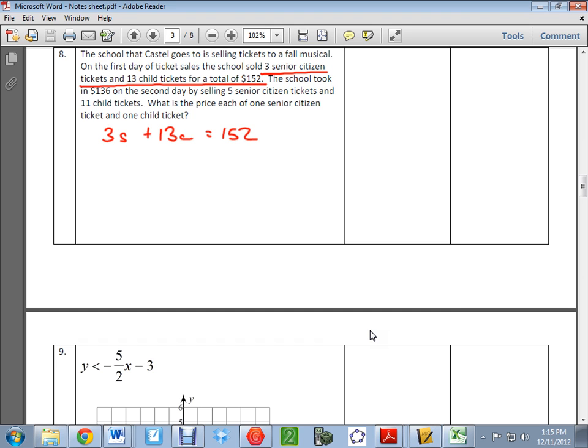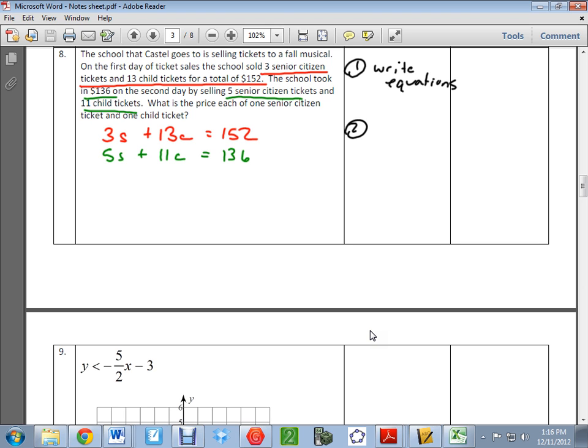The next one: 5S, now we are selling 5 senior citizen tickets plus 11 child tickets equals $136. So these are two equations. Your steps for doing this: the first thing you want to do is write your equations.